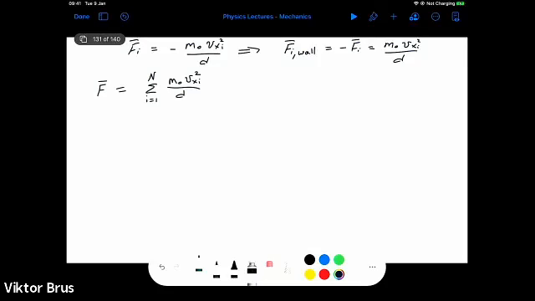Since, as mentioned in our statements at the beginning, all molecules are identical, so the mass of molecules doesn't change from one molecule to another. d is just the side of the cube container which we consider, so we can factor it out from the sum. It will be m naught divided by d times sum i equal 1 to N of Vxi squared.